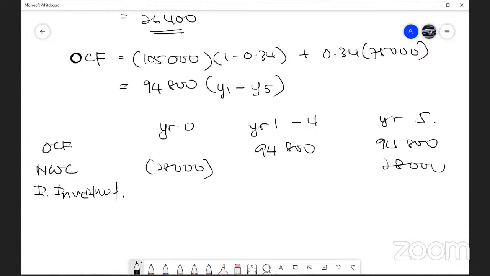Initial investment is 375,000, and of course ATSV 26,400.